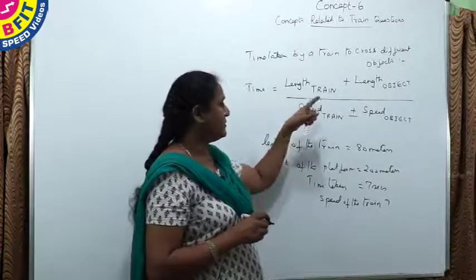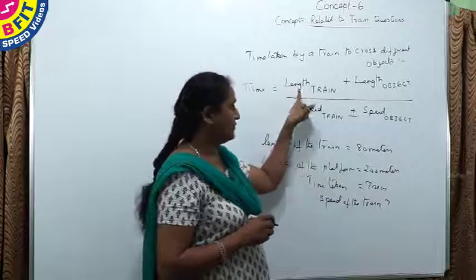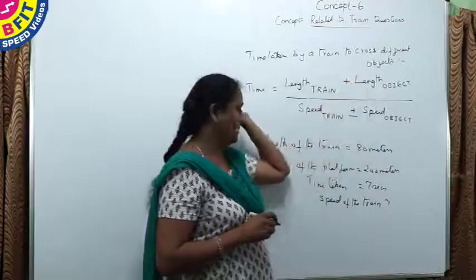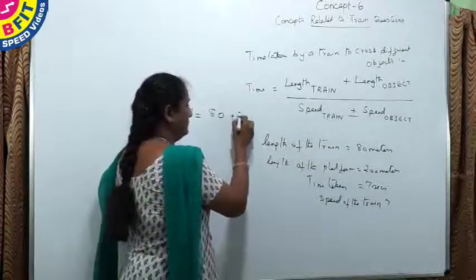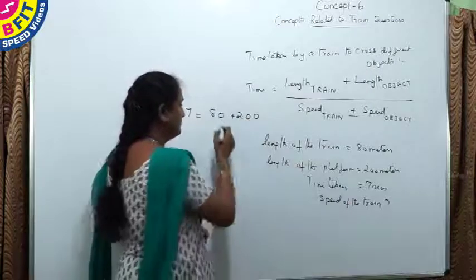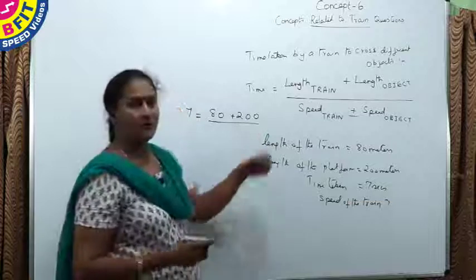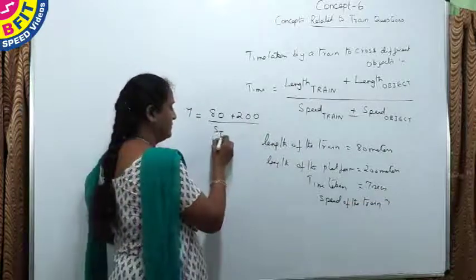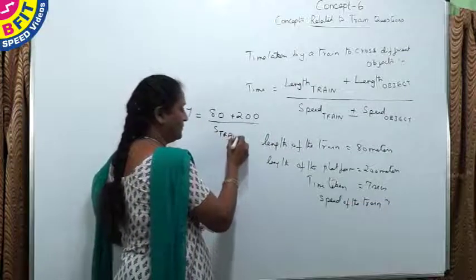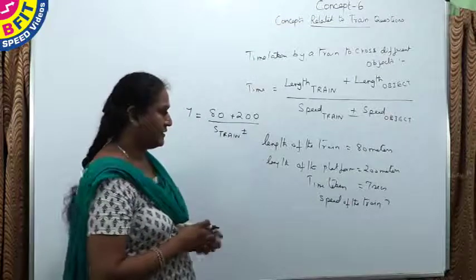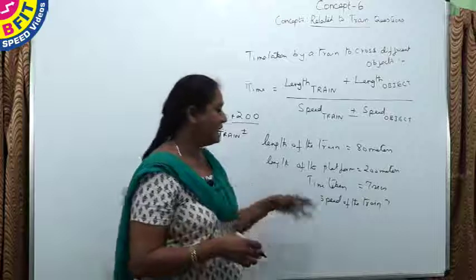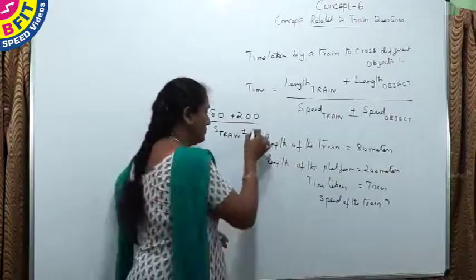So for the distance you have to add both length of the train and the length of the object. Here object is the platform. So divided by speed of the train plus or minus speed of the object.